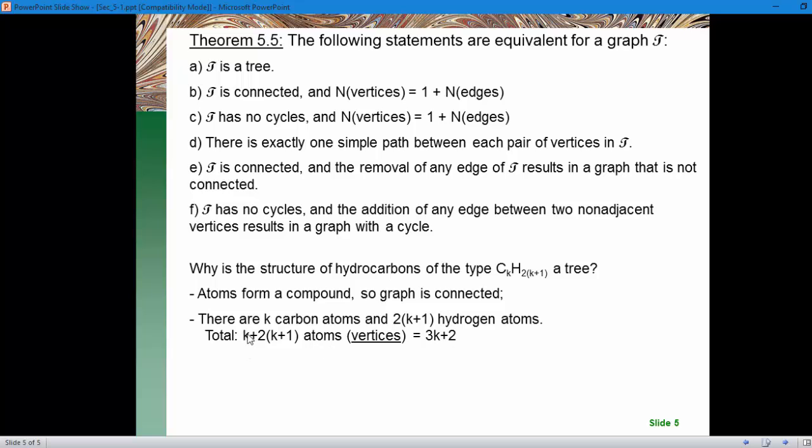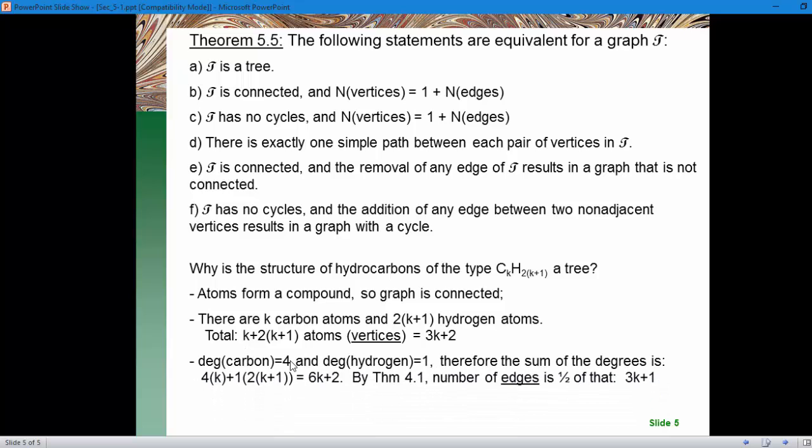Together, we have a total of 3K plus 2 atoms. And that would be the total number of vertices in that structure.